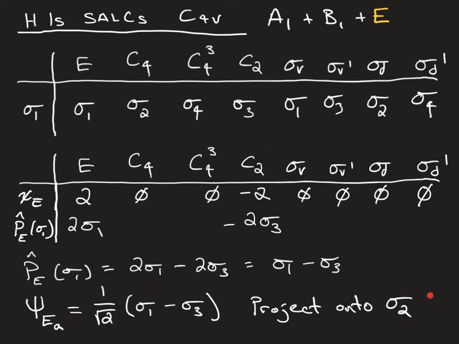We're going to project onto sigma-2. When you do these projection operators, you'll either get out the same wave function by projecting onto a different atomic orbital or its partner wave function in this case.